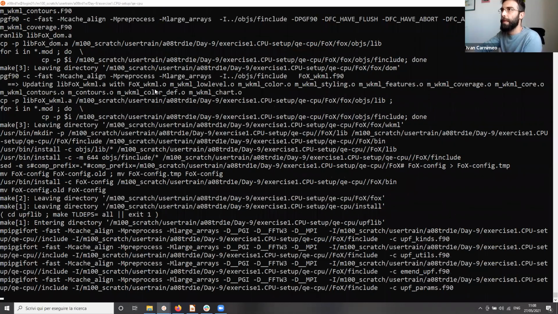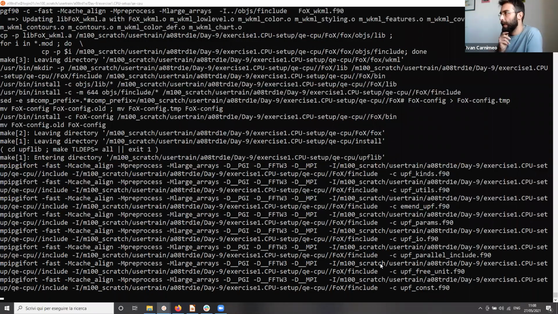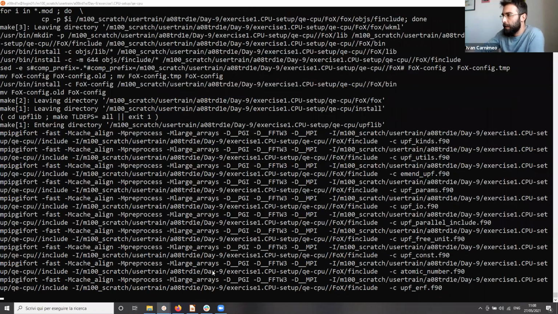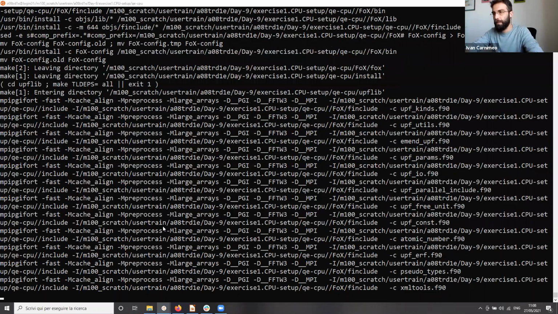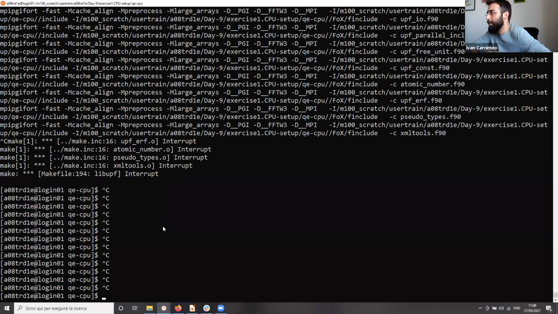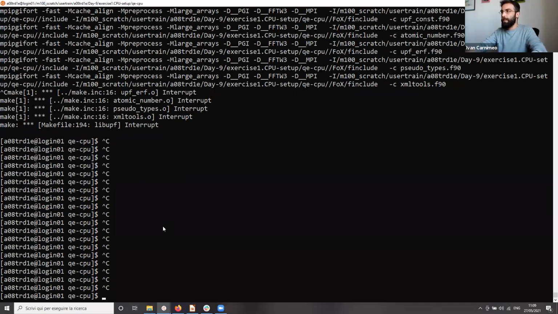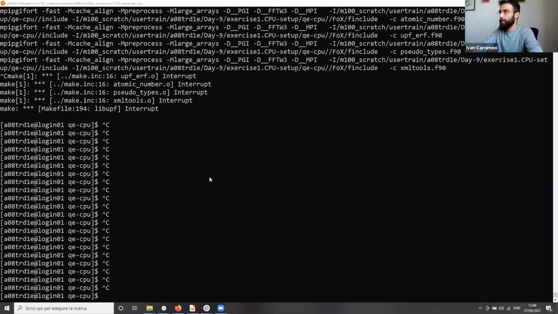But I don't want to spend too much time on this, otherwise we don't have time to do running calculations. So Control-C and you interrupt this compilation. I'm sorry, but the problem is that I don't want to waste too much time on this. So please lower your hand and note what you have done so far, and interrupt the compilation with Control-C, like this. And let's move to exercise 2.